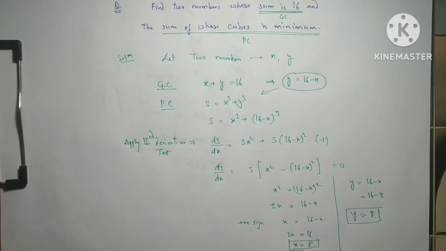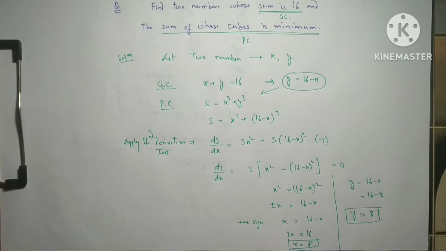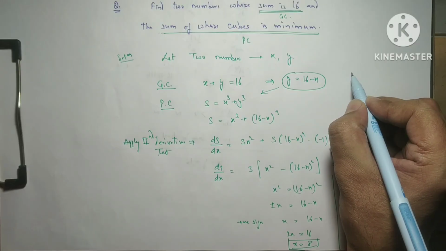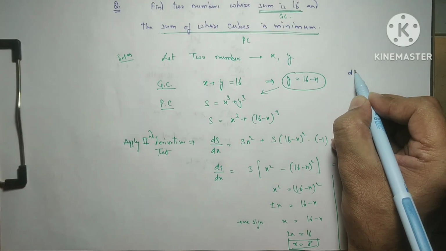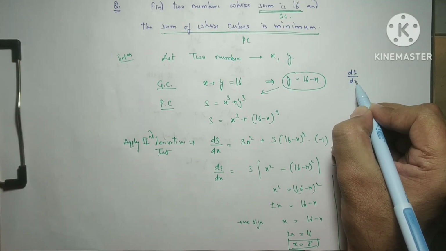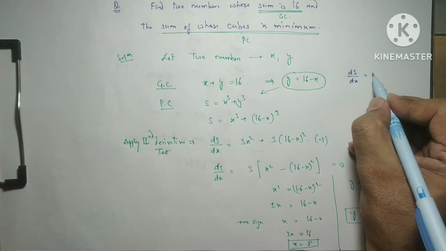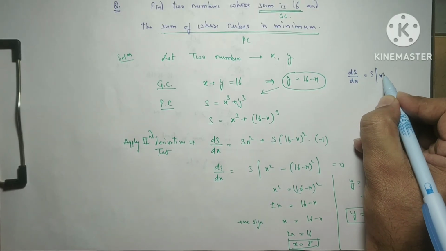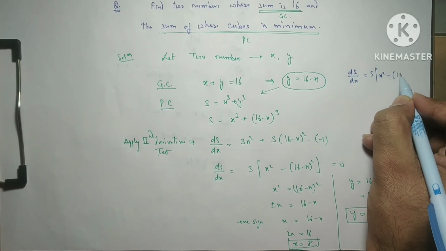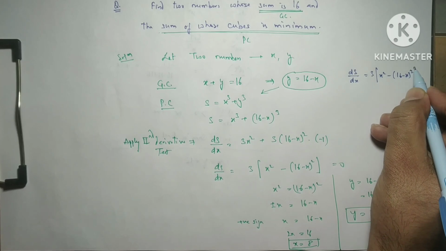But we want to prove this summation is minimum, so we will take the second derivative. We have ds over dx is 3x square minus 3(16 minus x) square.